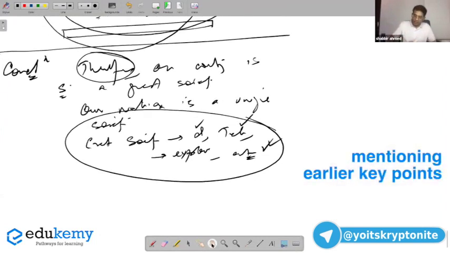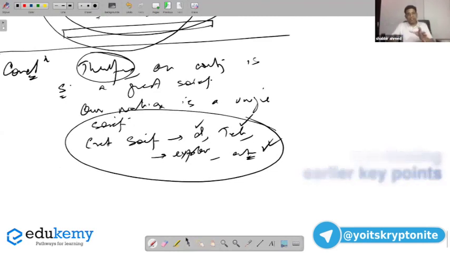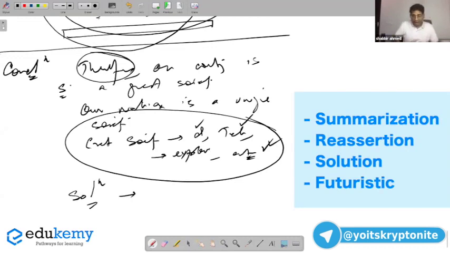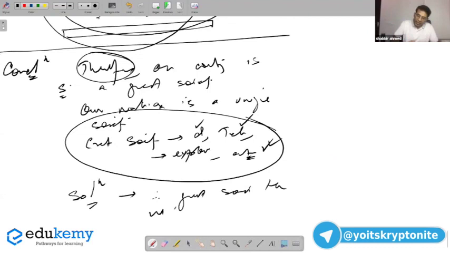Then after summarizing, I reassert part of the same things more or less. Then probably I can talk of some solutions related to how we can keep our country great. Therefore, the great society that we are, we must continue to preserve, maintain and encourage diversity.